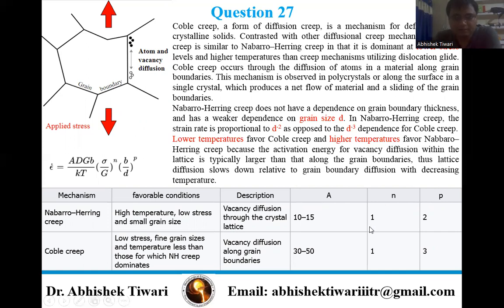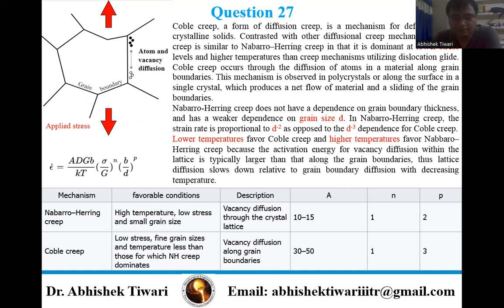Coble creep does not have a dependence on grain boundary thickness and has a stronger dependence on grain size. In Nabarro-Herring creep, the strain rate is proportional to d raised to power minus 2, as opposed to d raised to power minus 3 dependence for Coble creep.